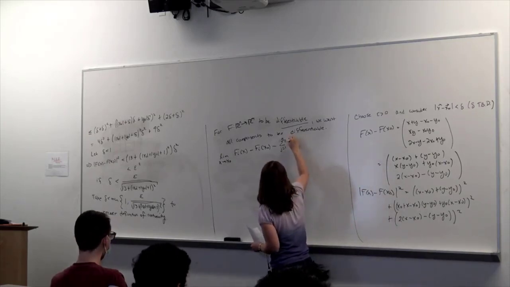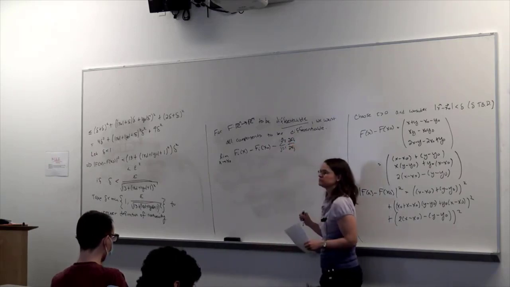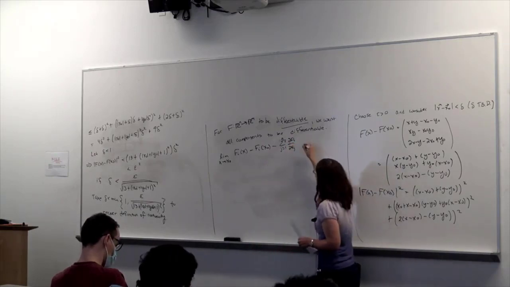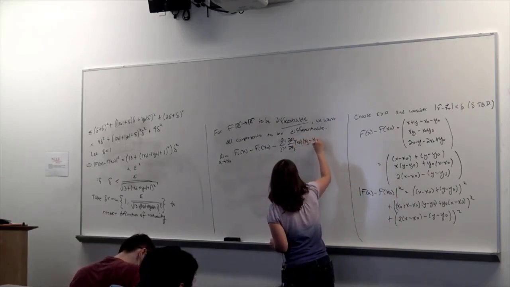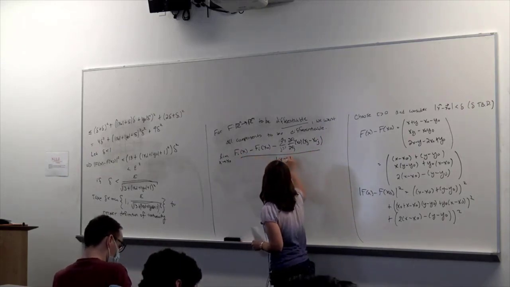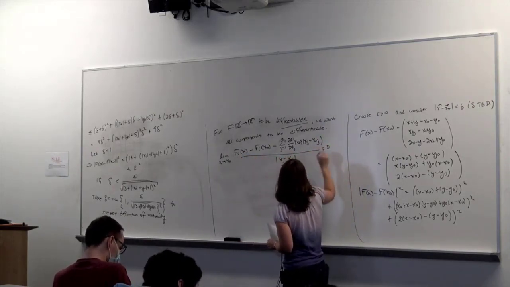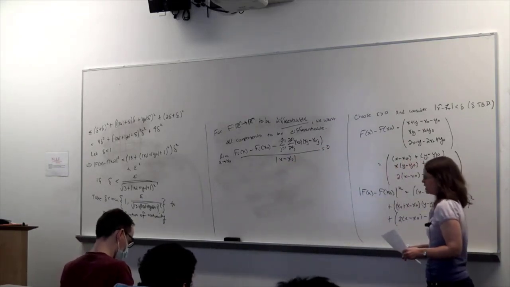So we'll take the partial with respect to xj at our point x naught times xj minus x naught j, and divide by the length of x minus x naught, and we want this to be equal to 0. Again, for all these different values of i.